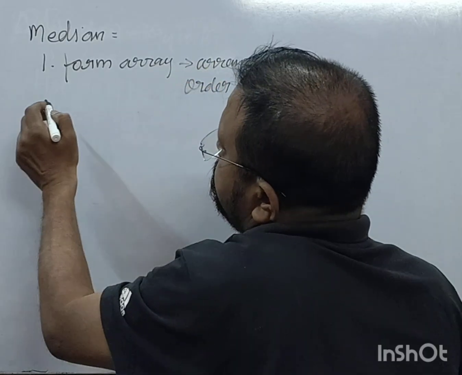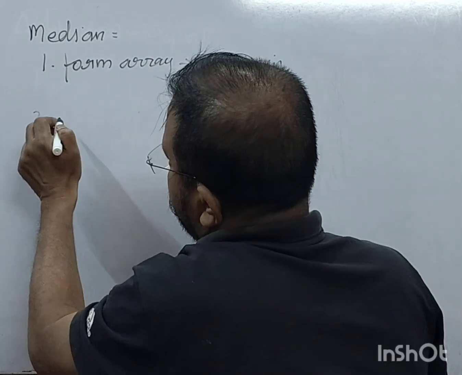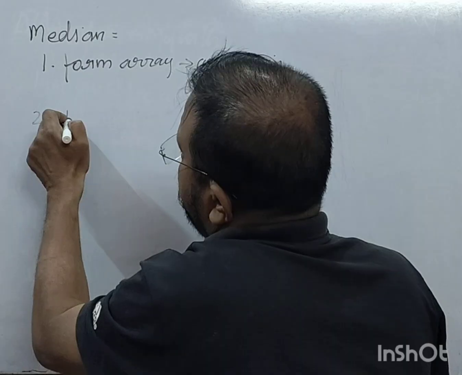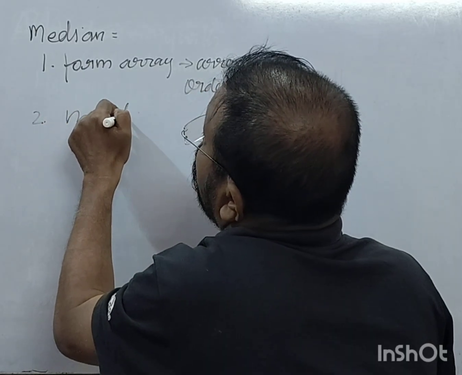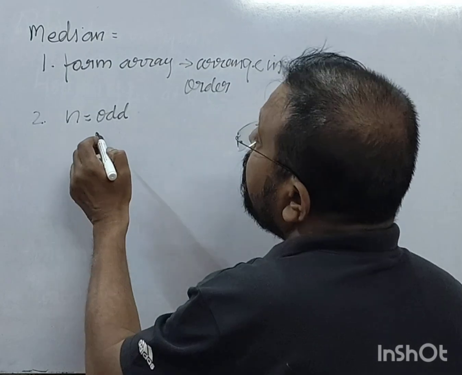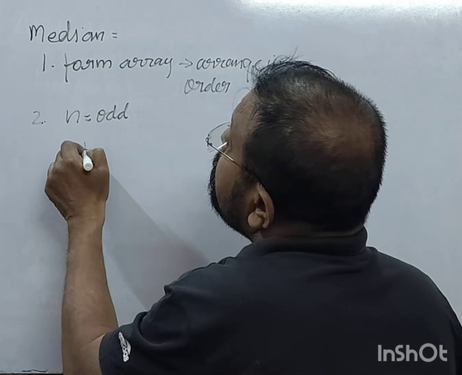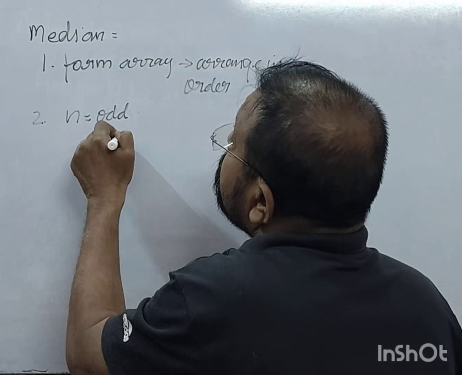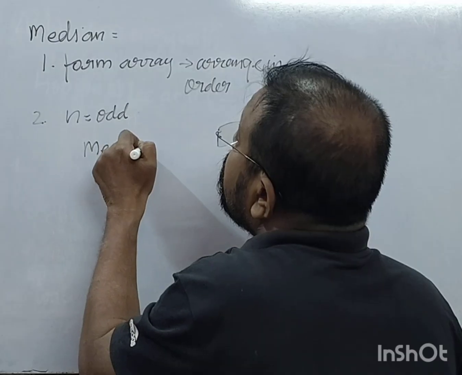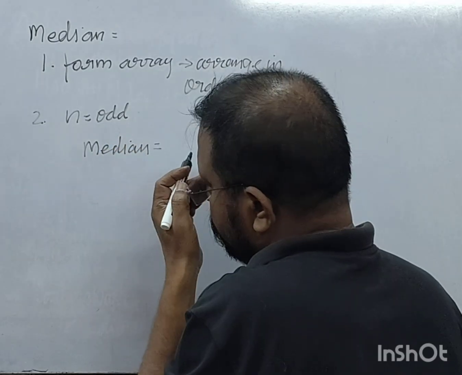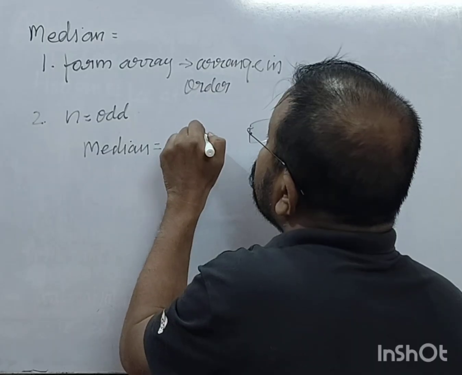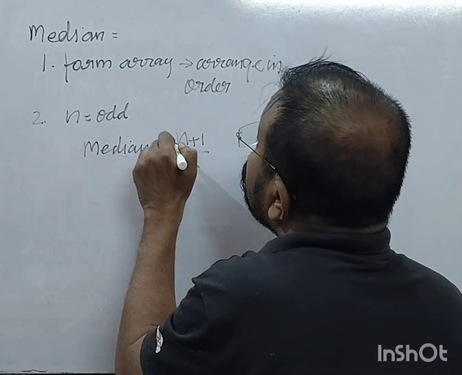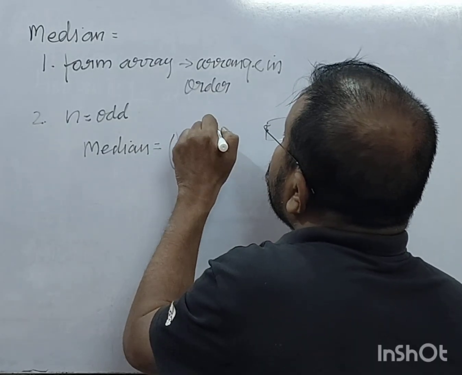Right. Second, if n is equal to odd number, then median is equal to n plus 1 by 2th observation.